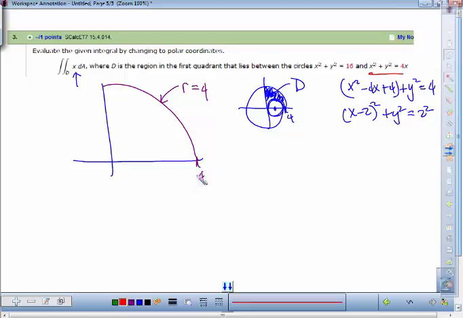And then the tricky part over here is that this function is a circle, or a piece of the circle, that's been offset, that goes through the origin and has radius 2.